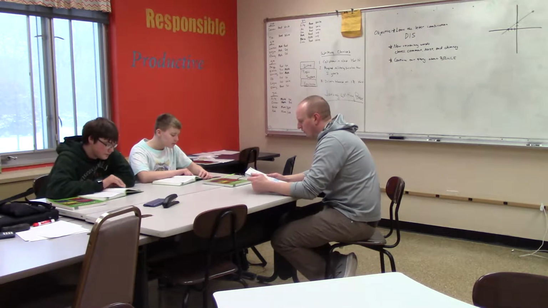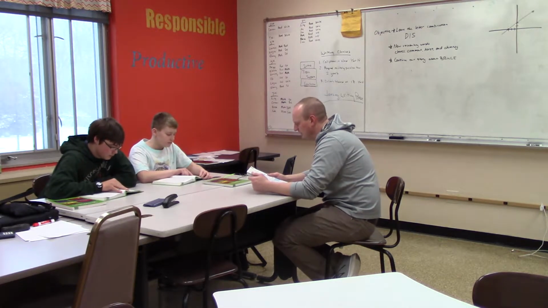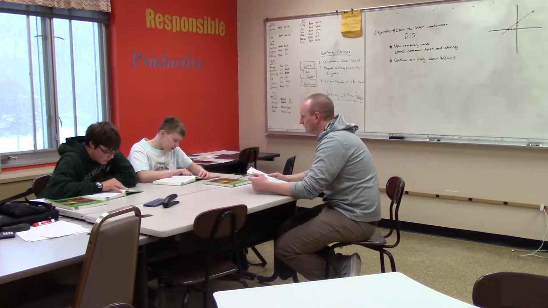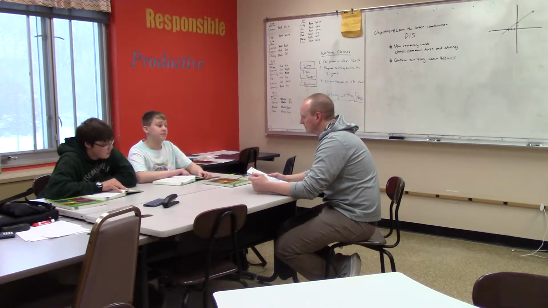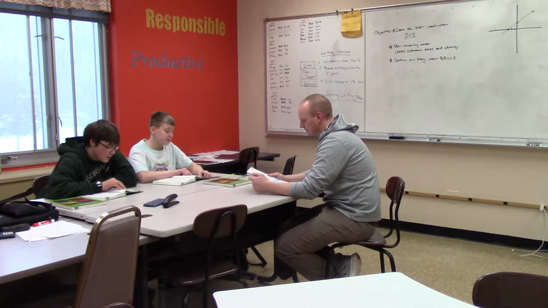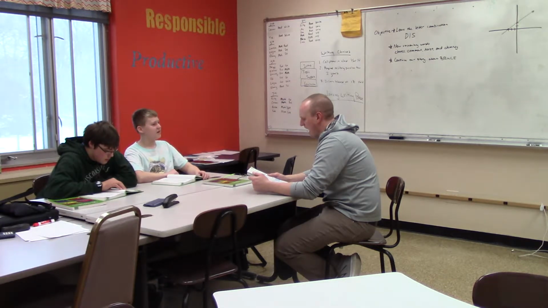Go to part 4, or excuse me, column B. What is the word? Displease. Let's say it again. The word is? Displease. What's the next word? Distract. What is the word? Distract.